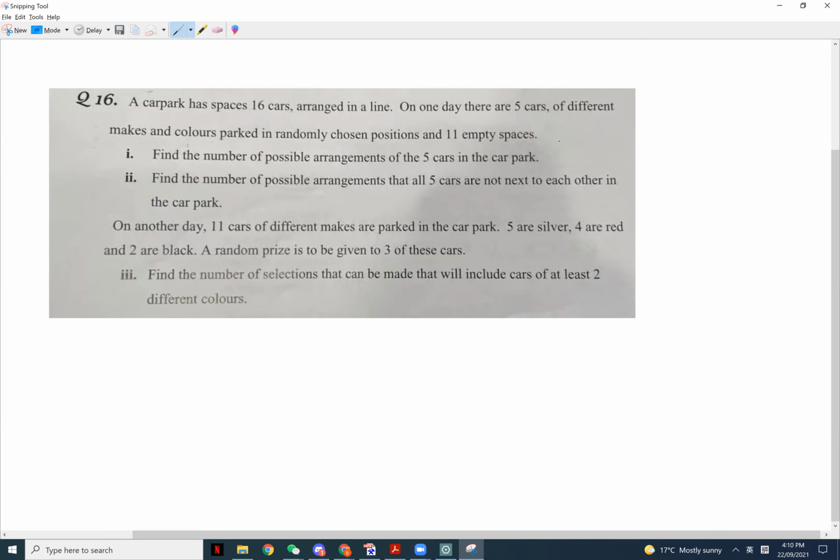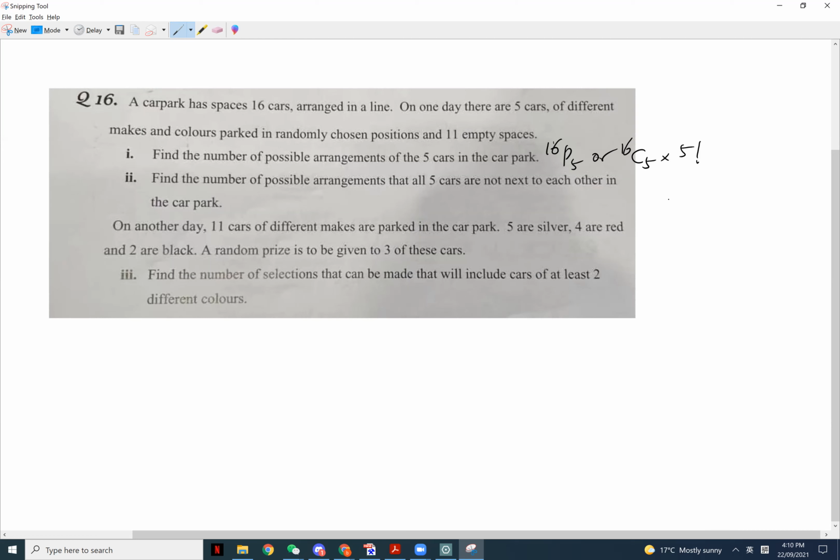This one is typical. You can say 16P5, or 16C5 times 5 factorial. Jeffrey, explain 16C5.